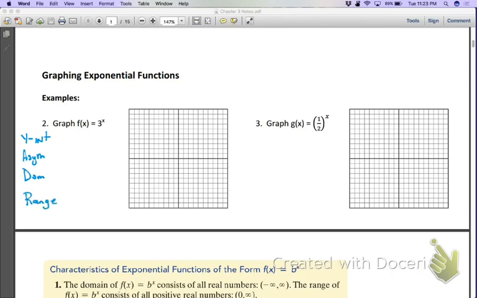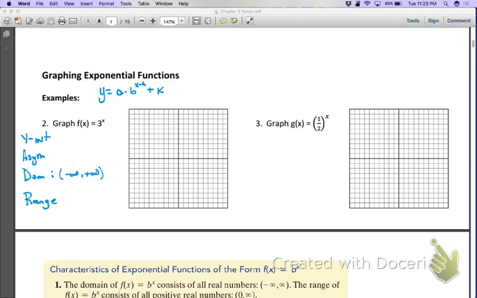First things first, domain is always negative infinity to positive infinity. Now again, we are looking for y equals a, whatever our scale factor is, times b to the x minus h power plus k.